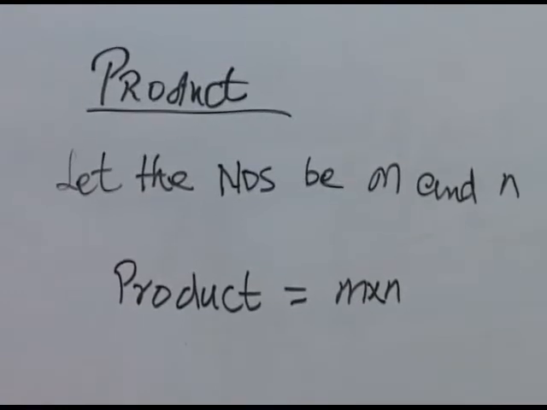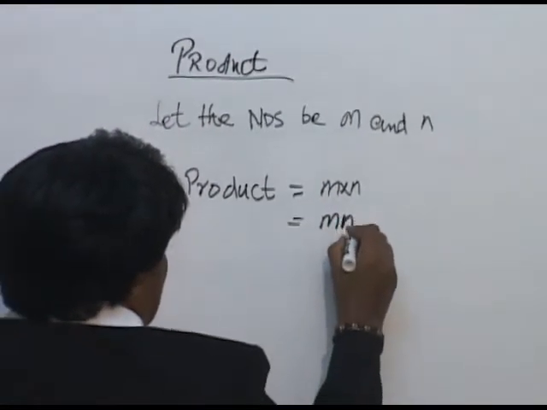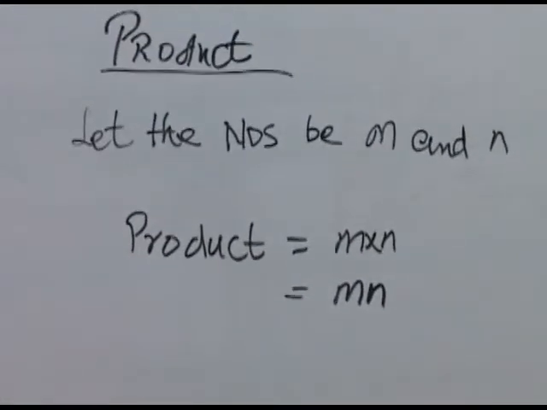So we would leave out the multiplication sign, because once we see letters together like this, we know that it means symbolically to multiply. So we'd be writing MN.